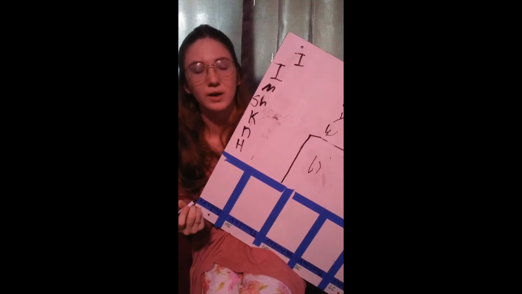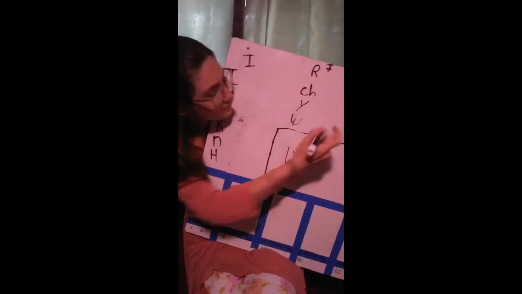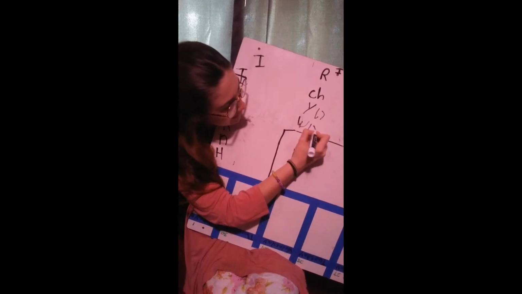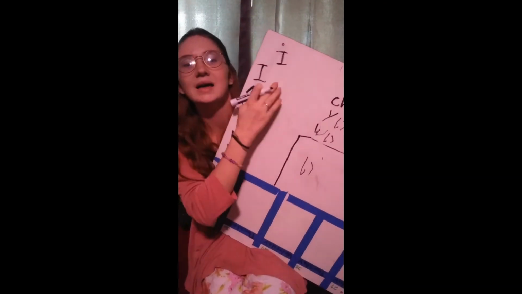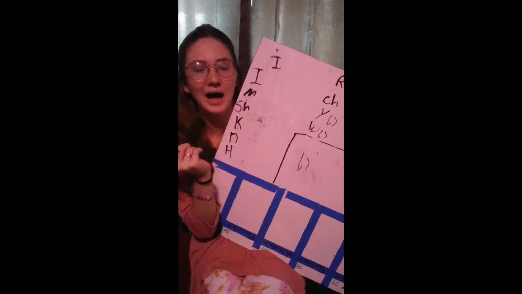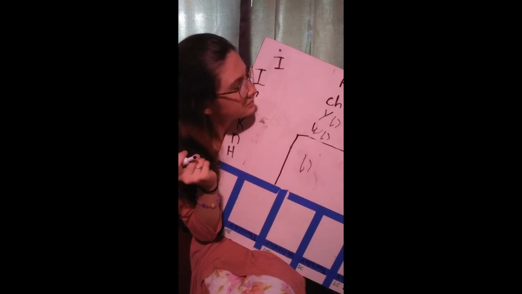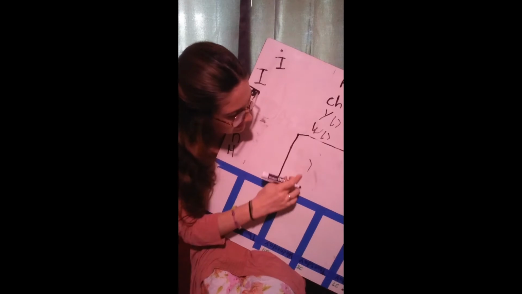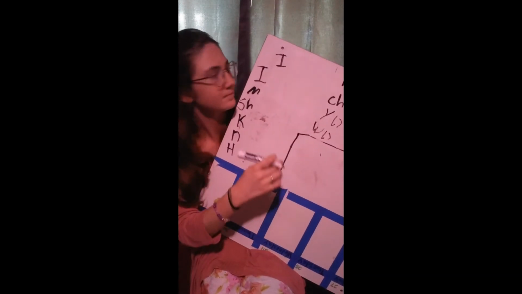So the Y, you say as E. The W, you say as E. So I-E, W-E, Y-E. So that's E. You need to remember that one.